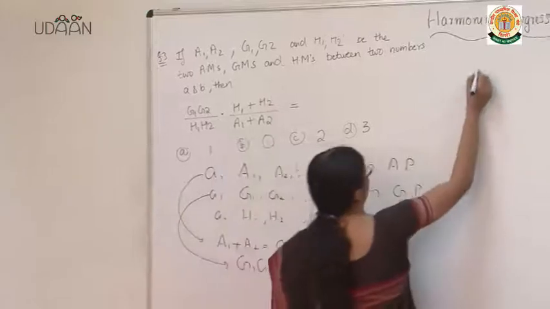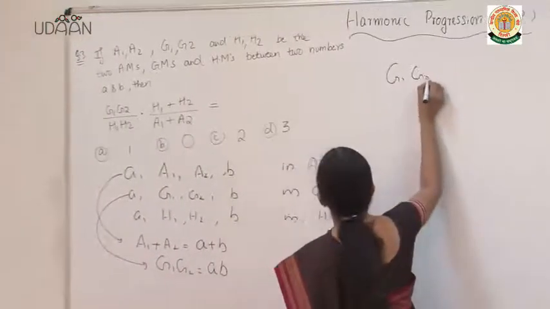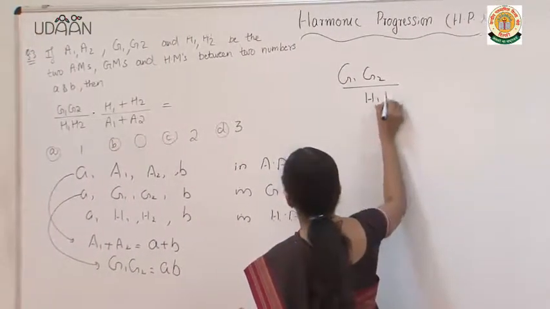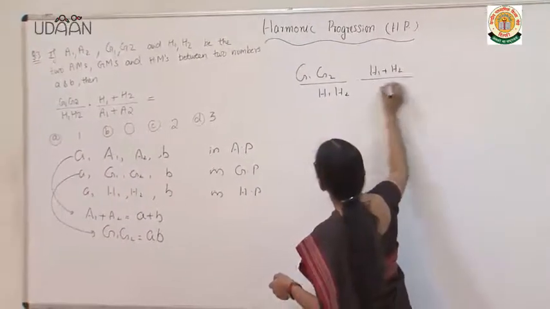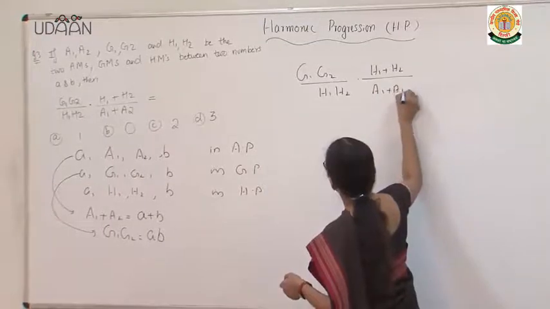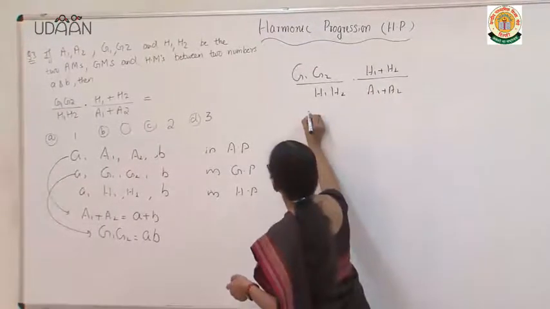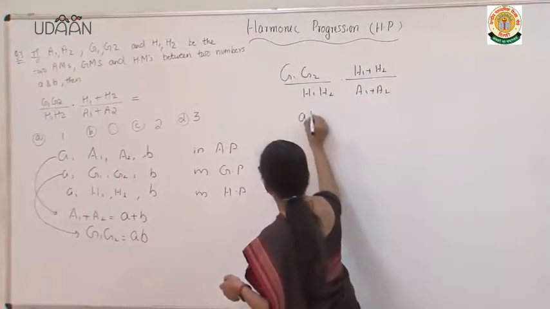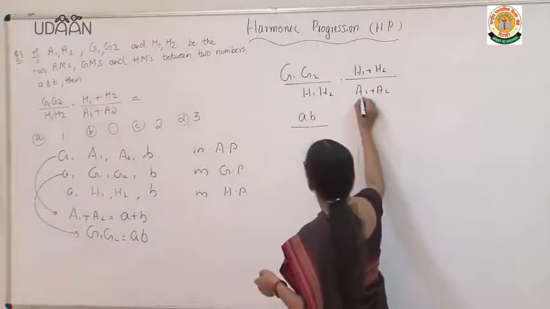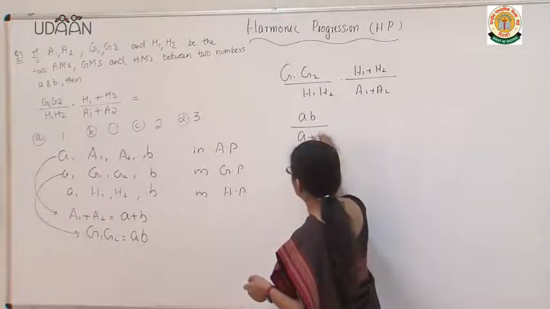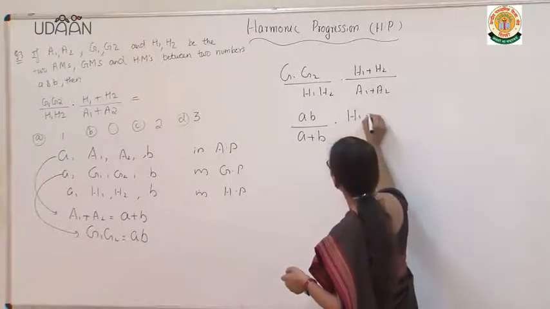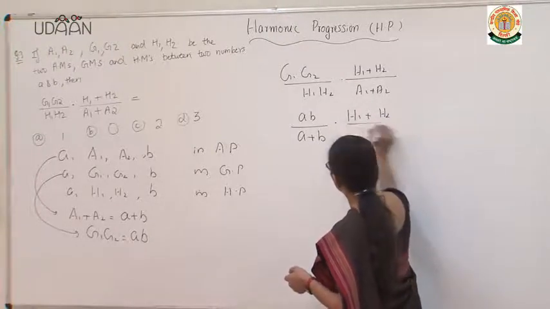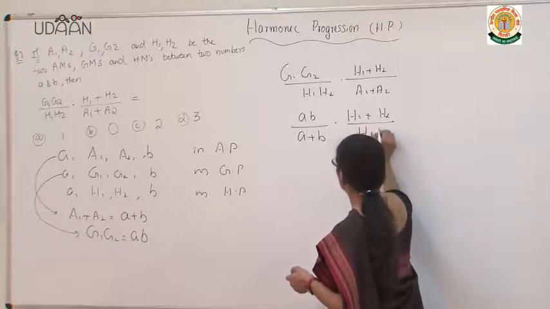We have to find the value of G1, G2 by H1, H2 into H1 plus H2 divided by A1 plus A2. Putting the values, G1, G2 is AB, divided by A1 plus A2, it is A plus B, into H1 plus H2 divided by H2 into H1.